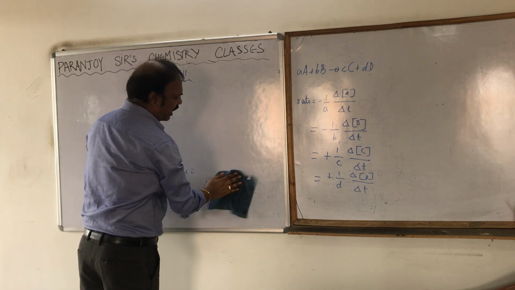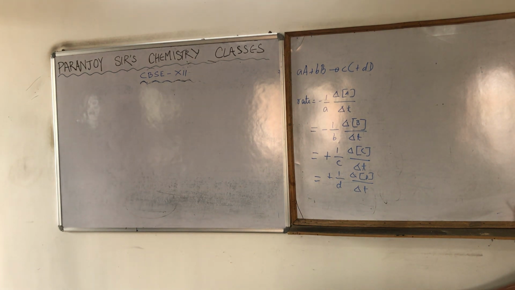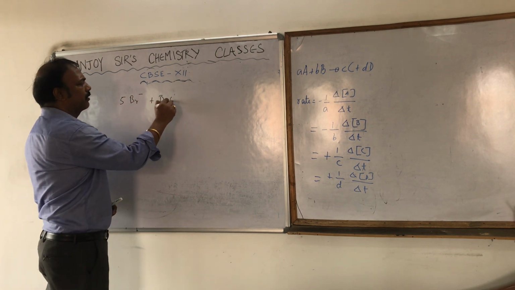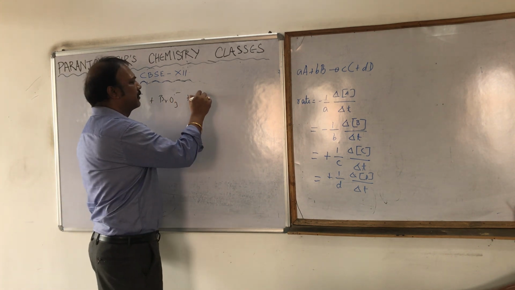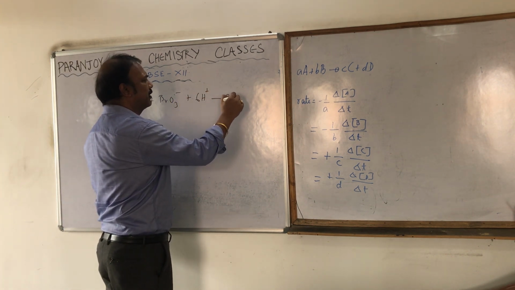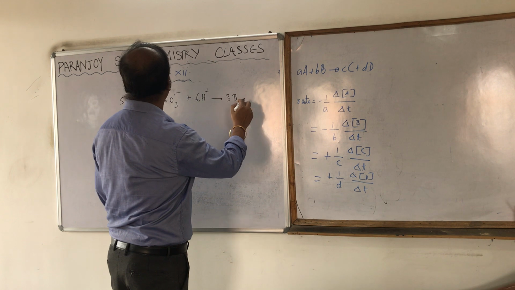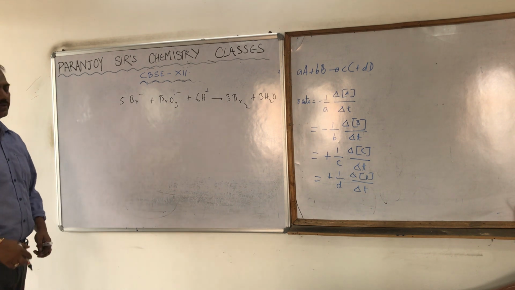So I'll just write a specific chemical reaction now, whatever is there in a book. 5Br negative plus BrO3 negative plus 6H positive produces 3Br2 plus 3H2O.